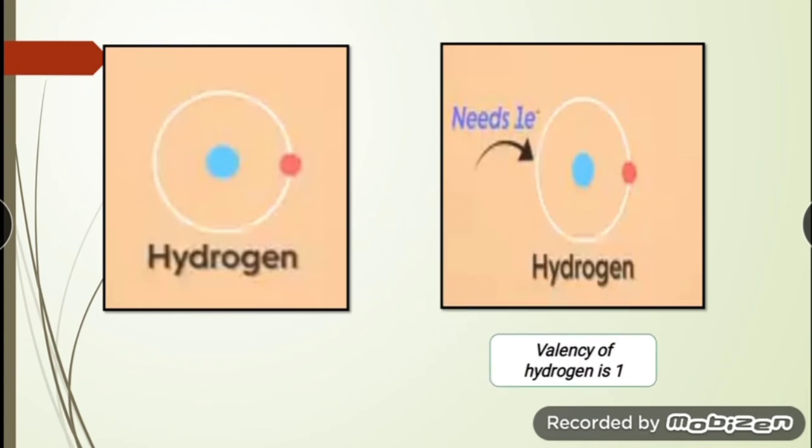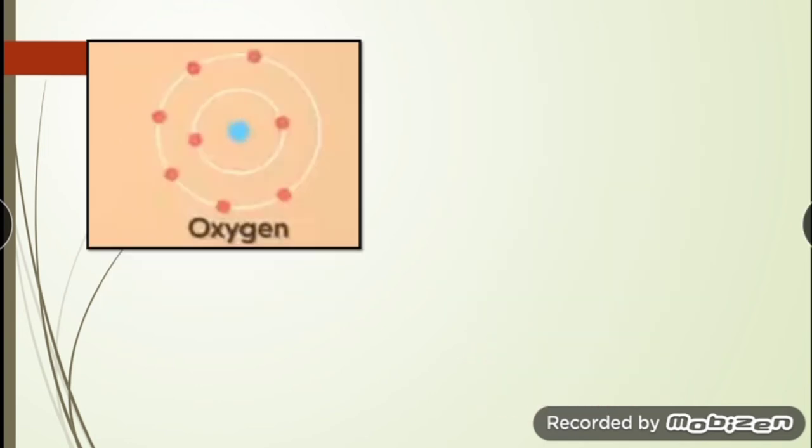Why are we saying the valency is 1? Because the hydrogen atom wants one more electron to become stable, and once it becomes stable, it will not participate in any chemical reaction. Hence we can say the valency of hydrogen is 1. Let's see one more example, oxygen.